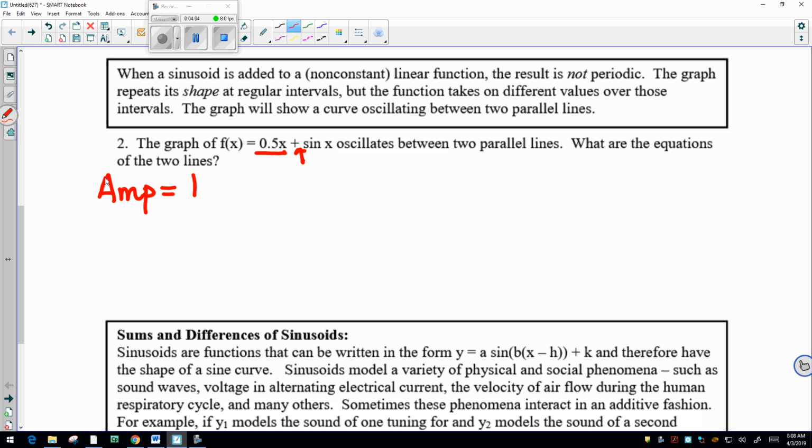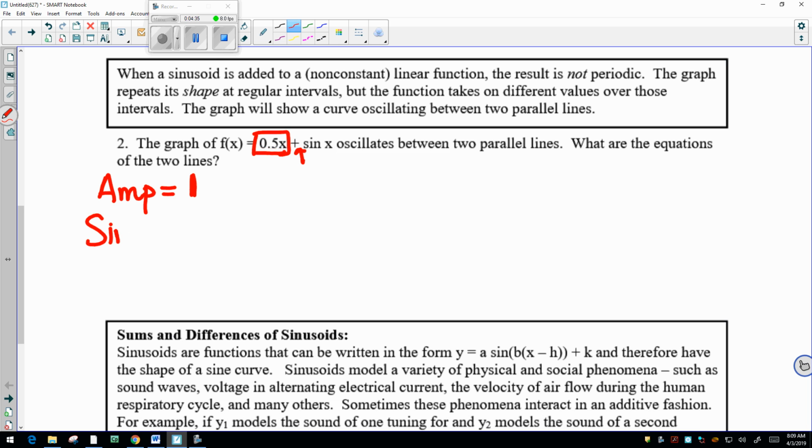The other thing I want to think about is that linear part of the equation. So the linear part, like we had highlighted before, is that 0.5x. So what is that telling me? That's going to be that change of the graph. That's going to be that tilt of the graph. However, I have to think about the amplitude of the function being 1, meaning it has to change it by 1.